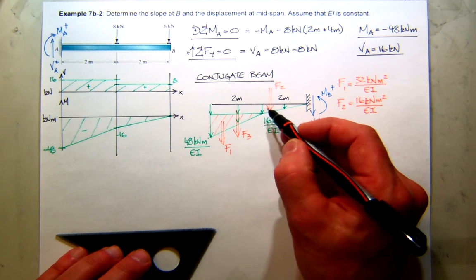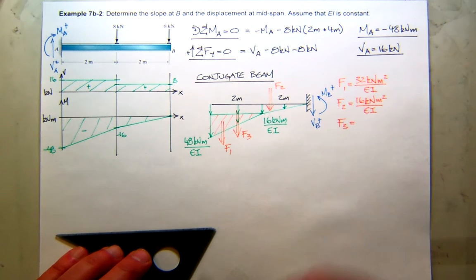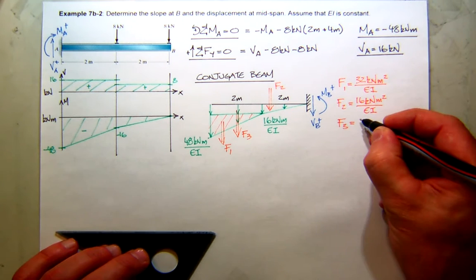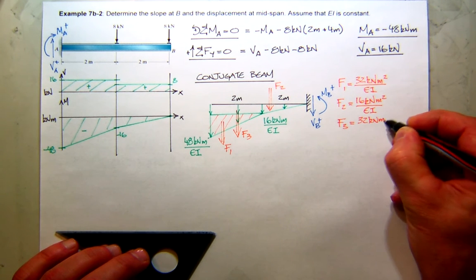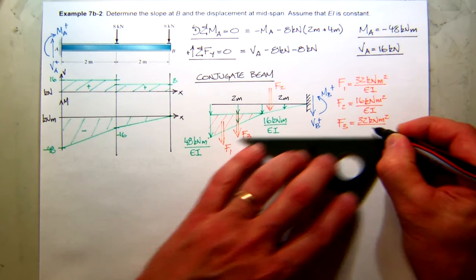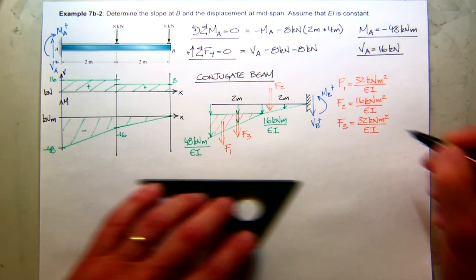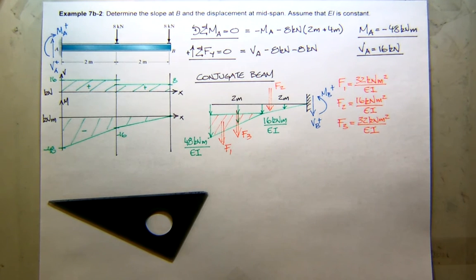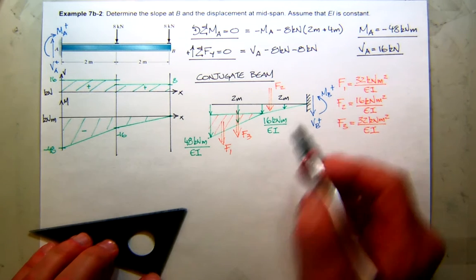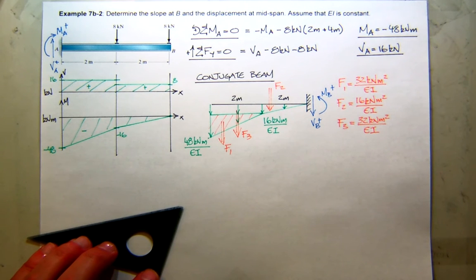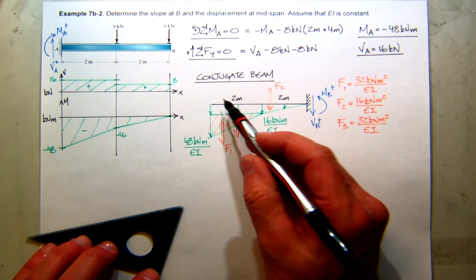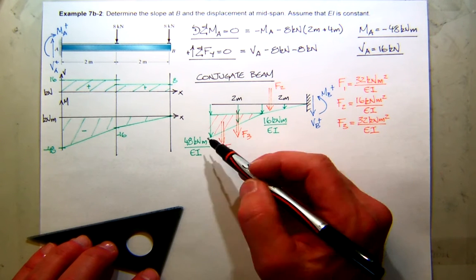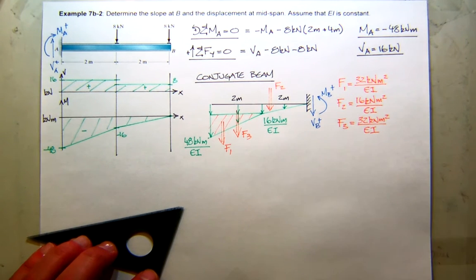The base is 2, the height is 16. So you get 32 kilonewton meters cubed over EI. Meters squared or meters cubed? It should be meters squared because the heights are kilonewton meters and then the bases are meters.